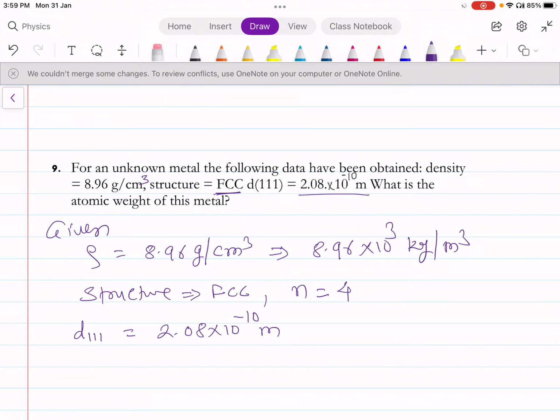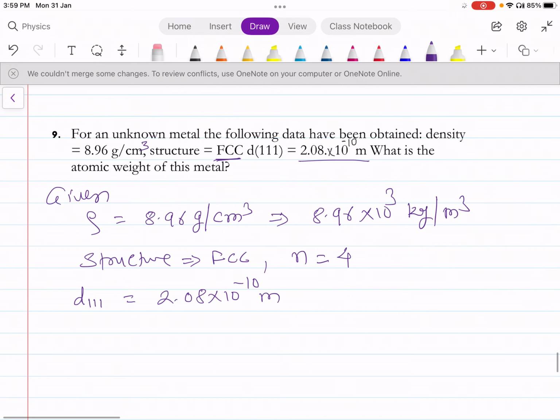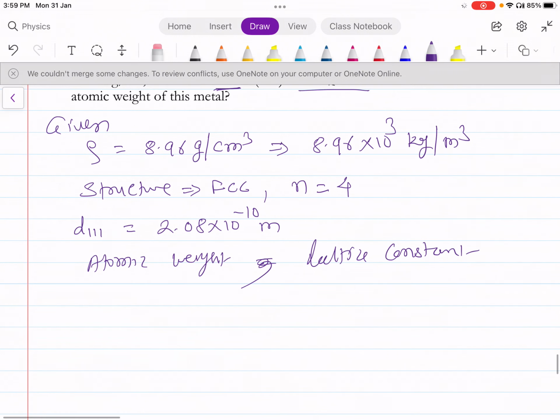And what we have to find is the atomic weight. To find atomic weight, we also have to find the lattice constant. So let us first find the lattice constant.